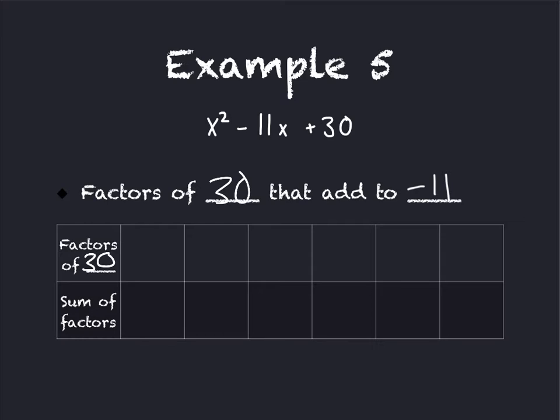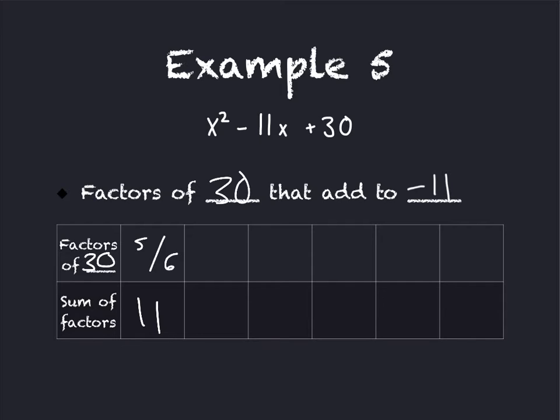What are some factors of 30? 5 times 6. What is 5 plus 6? 11, but we're looking for a negative 11. So we're on the right track, but what do we need to do? How can we make that 11 a negative 11?